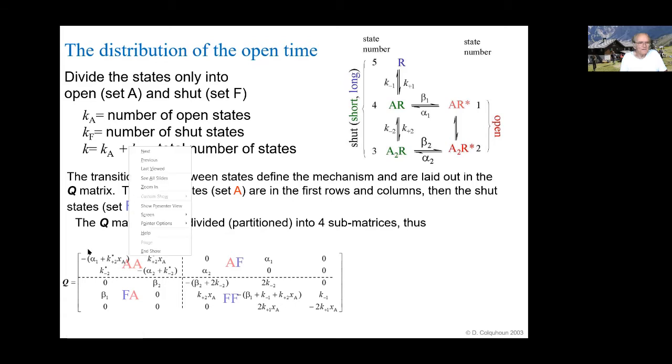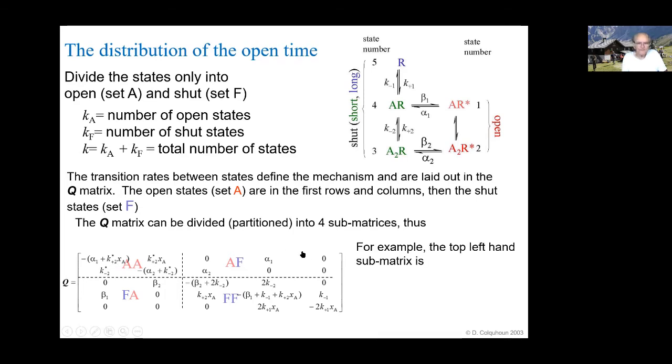This is 2 by 2 because there are 2 open states. This is 3 by 3 because there are 3 shut states, and so on. The top left-hand submatrix, which describes the rates of transitions between open states, is, for example, denoted in that way.